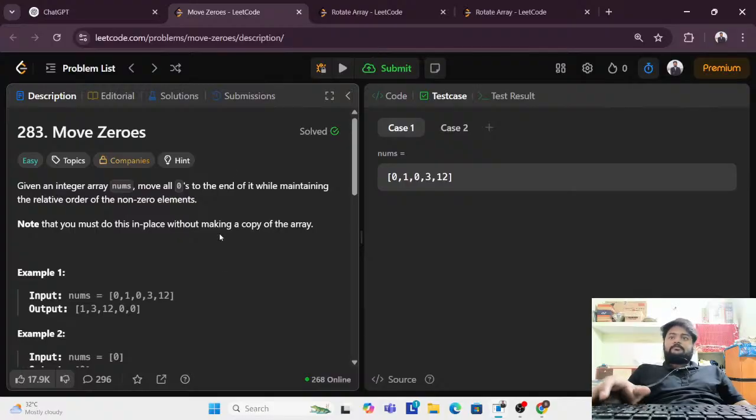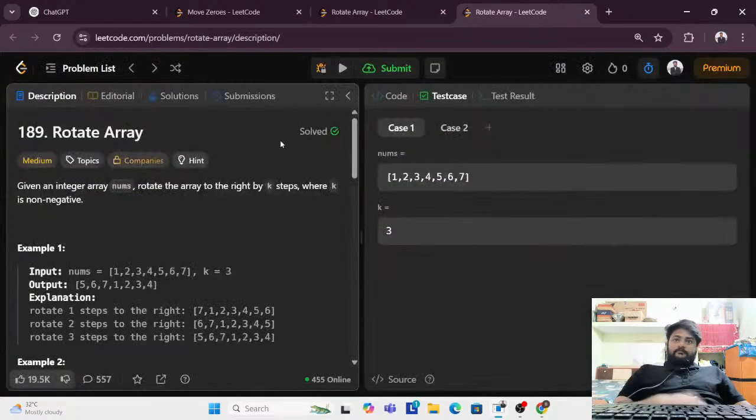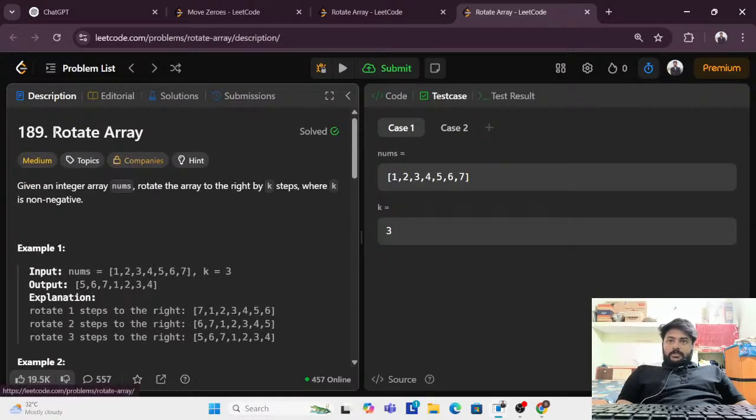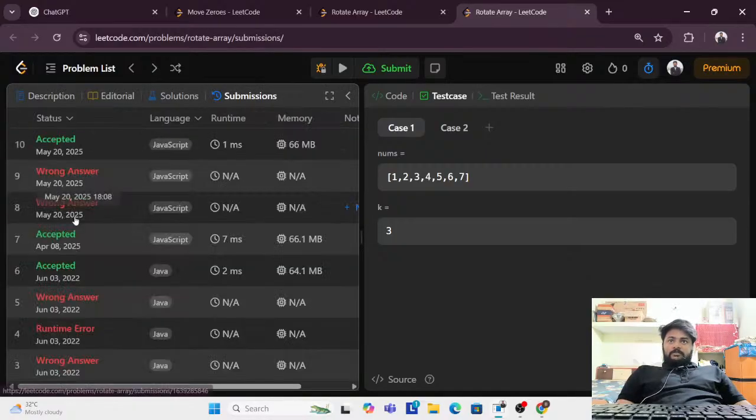I think I should just focus on my work. Okay. So the question says rotate the array. It's a medium level question. I already solved it. Let's see when was the last time.